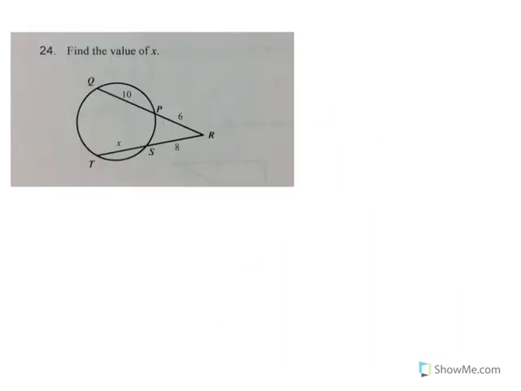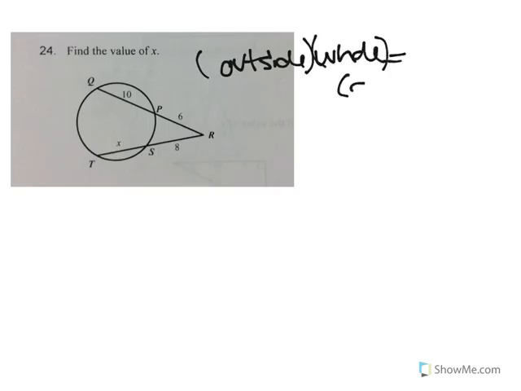Number 24, it says find the value of x. These are 2 secant lines, so this is where you have to do the outside times the whole line is equal to the outside times the whole line. So on this first line, my outside piece is 6.